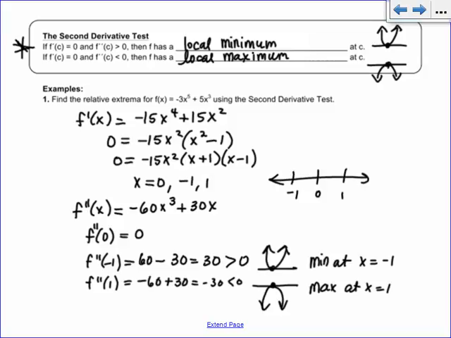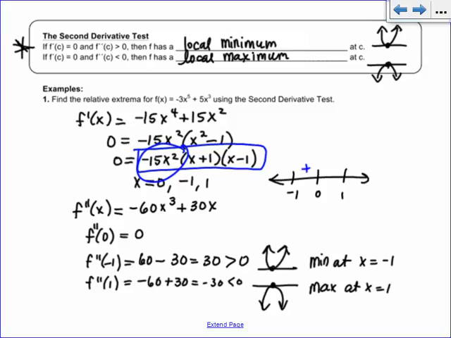Just for the 0, we want to know what's happening at 0. So if I plug in like negative 0.5 into the first derivative, this part out front is always negative. Negative 15 times the positive number. Okay, so it's negative. Negative 0.5 gives me positive for the next one, negative for the next one. So negative times negative is a positive. So what happens when you plug in 0.5?